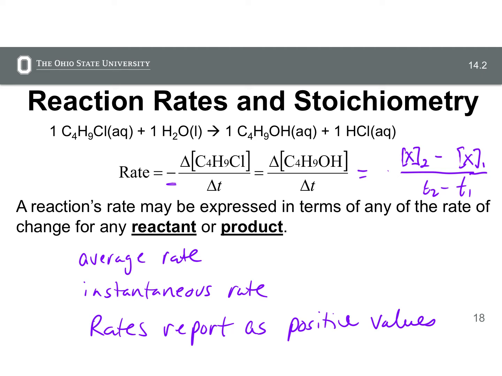So the rate of depletion of the reactant is equal to the rate of formation of the product. If we were to draw that, we'll just put concentration here, time here. We're going to have our reactant going away and our product increasing, and the rates would be the same.